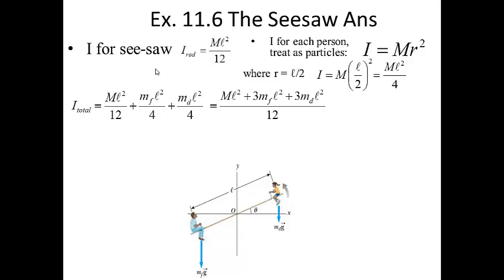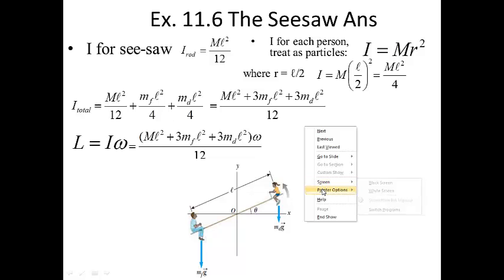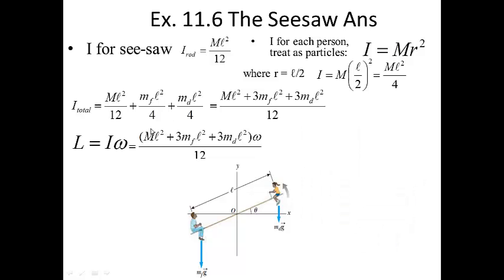Remember, angular momentum equals I times omega. We already have our I, so we just multiply that by omega. And this right here is the answer to part A.